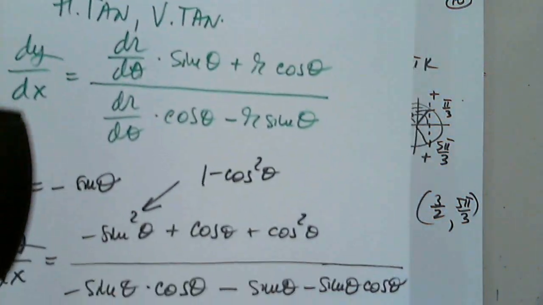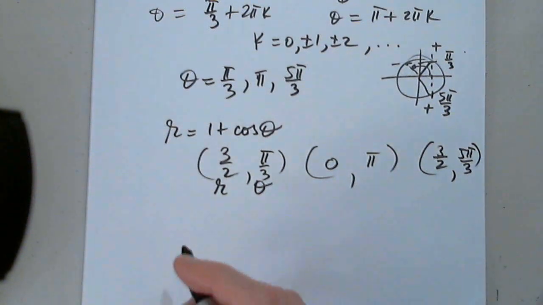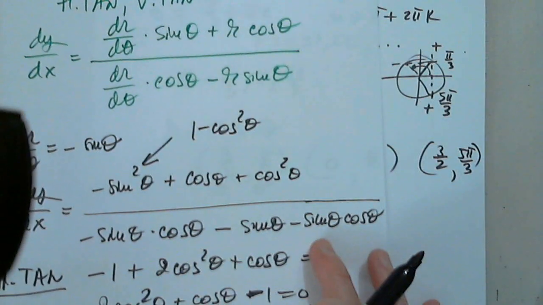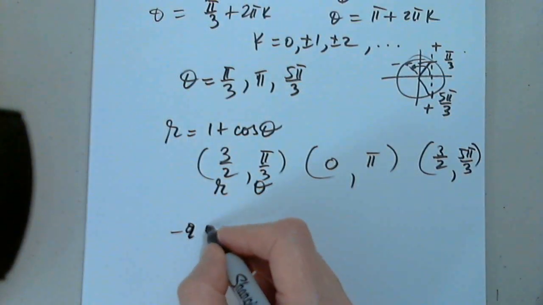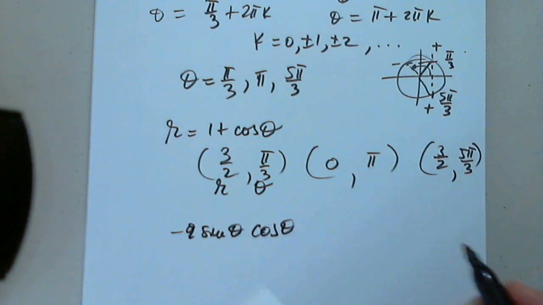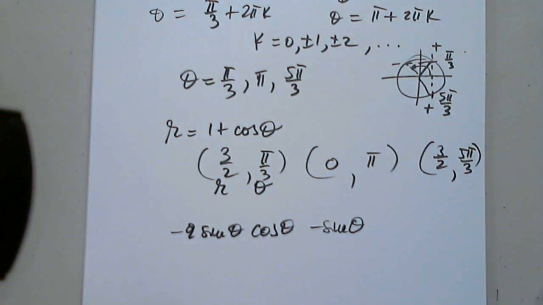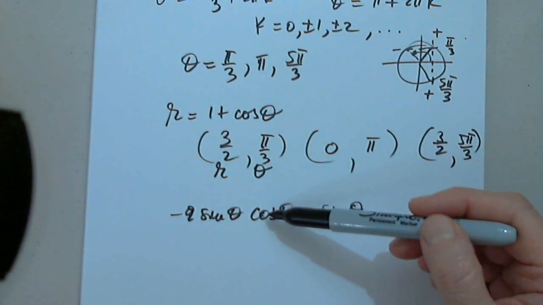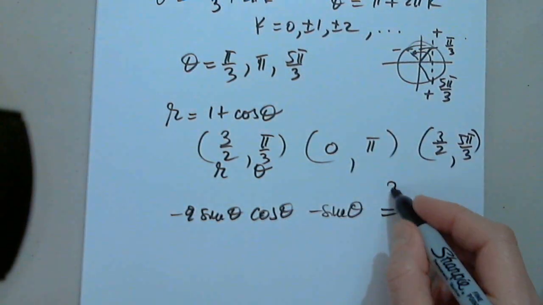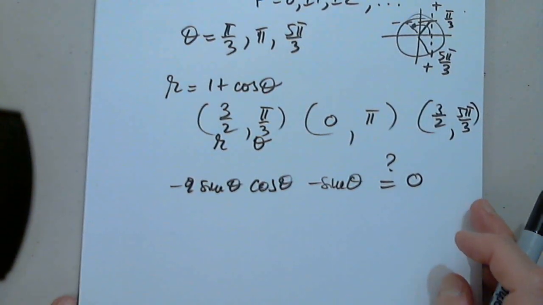Now, at all these points, we have to check whether the denominator is 0. The denominator was, let me write it as is for now, negative 2 sine theta cosine theta minus sine theta. Let's see what happens when we plug in pi over 3, because if it is 0 at any of these points, then we need more work for those points.